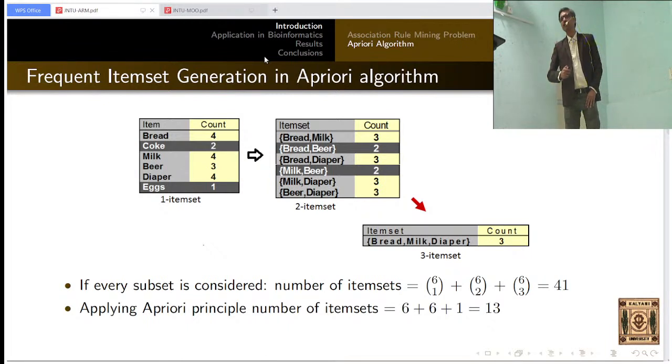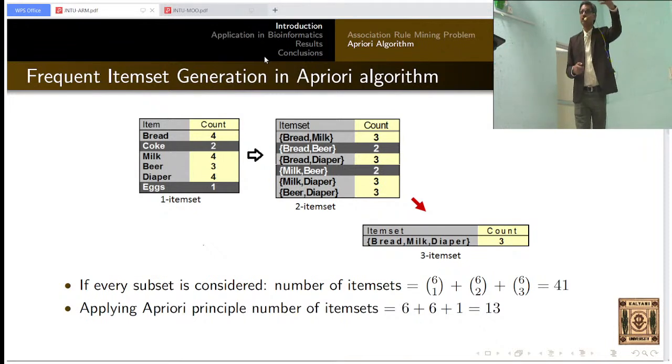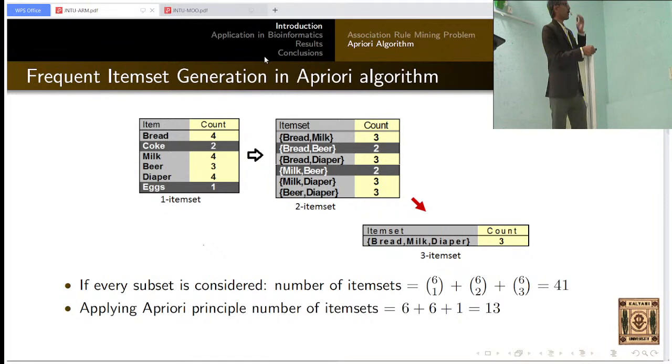So what will happen in the brute force technique? You first generate all the 6 items, then suppose coke and X will be discarded. Then 6C2 and then 6C3. So if you want to stop with 3 items maximum, then you have to generate and compute the support of 41 item sets.